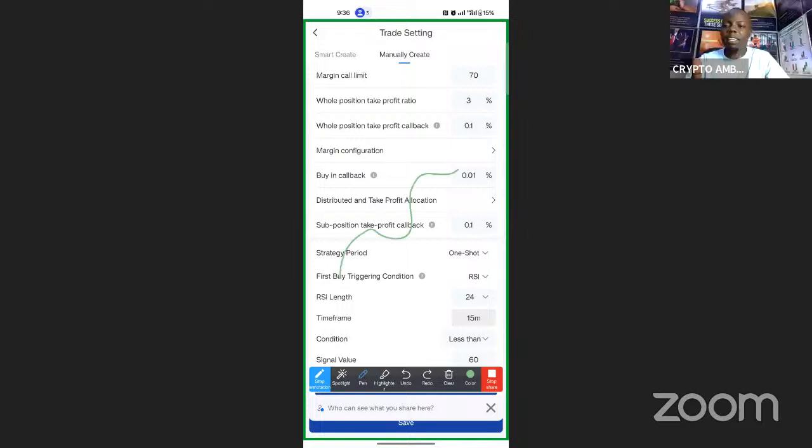Now, this RSI has what we call the RSI length, and it comes in three options. It has a 6, which means it looks at the recent 6 candles and puts up a line. It has a 12.